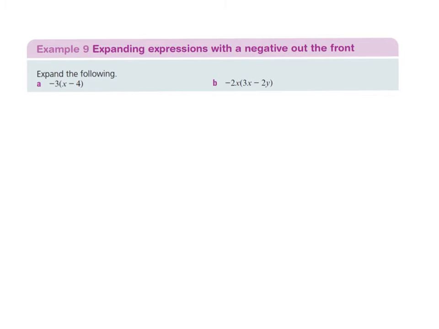Okay, so we're going to still continue on with expanding expressions, but this time we're going to have a negative outside the front of the bracket. So what we need to probably remember is that if we have a negative times a negative, that becomes a positive. If you have a negative times a positive, that is a negative, and obviously a positive times a positive is a positive. Okay, we know that one.